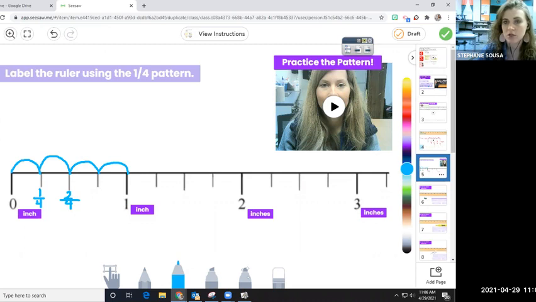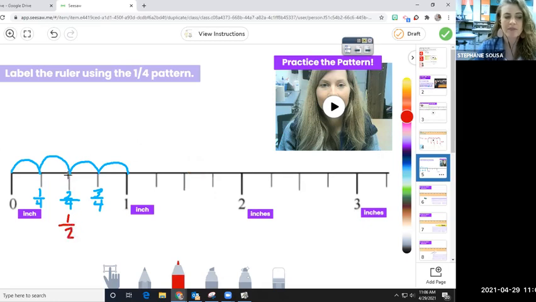I am writing, you are writing. 3/4, 1 inch. We also know that 2/4 is the same as 1/2.